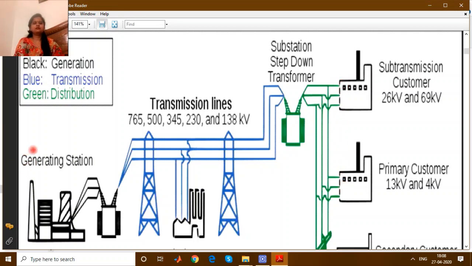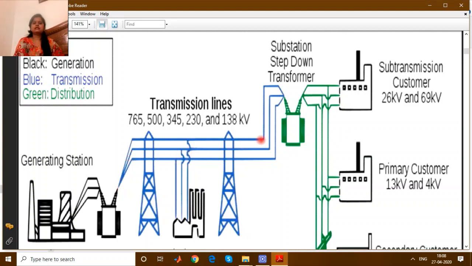So during generation there will be a low voltage level. For the electrical energy to be transmitted through the transmission line, we need a transformer between the generating station and the transmitting station. This transformer must be a step up transformer, which is used to increase the voltage level of the electrical energy to be transferred.